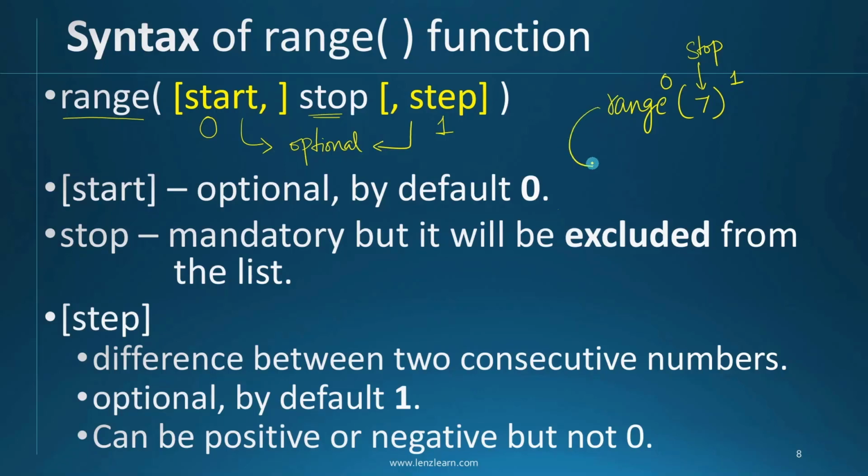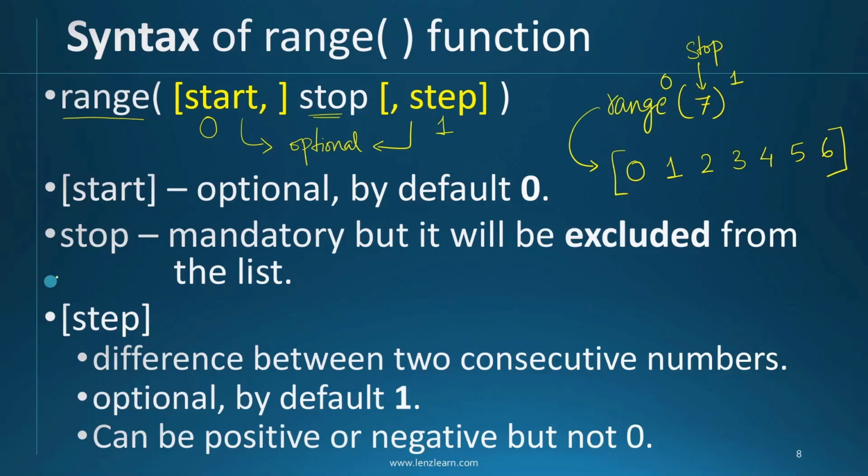So now you can understand what output this range function is going to give. The start value is the default value 0, so 0 will come here. Then 1 will be added to 0, so 1 will be the next value. Followed by that you will have 2, 3, 4, 5, 6, and your list will stop, right? Because it will never reach the actual stop value. One value before the stop value, your range function will terminate.